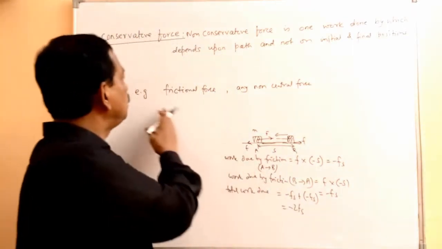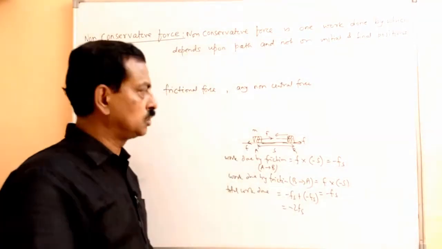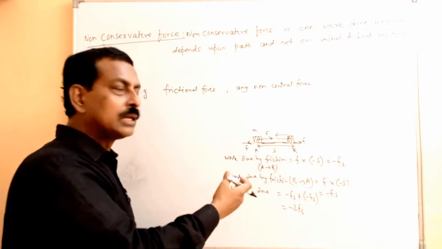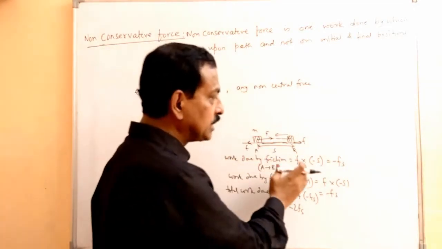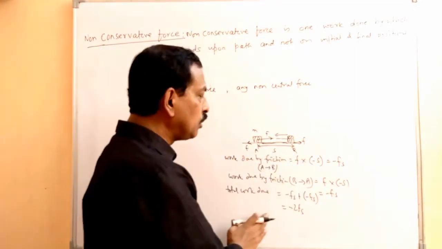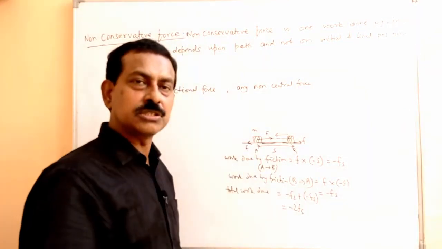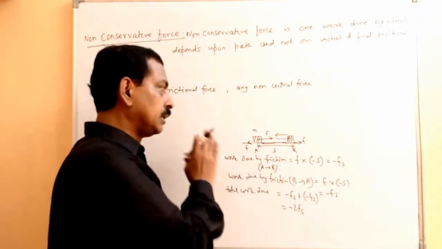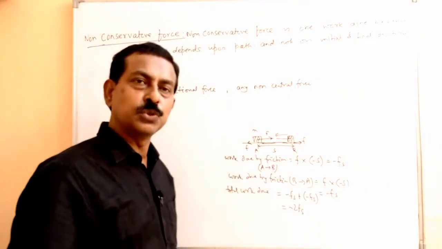So they will be non-conservative forces. In the frictional example we have seen that the work done depends upon the path and not only on the initial and final positions. So this is your non-conservative force.